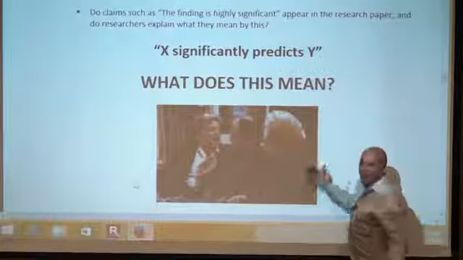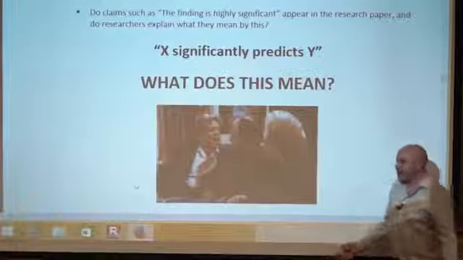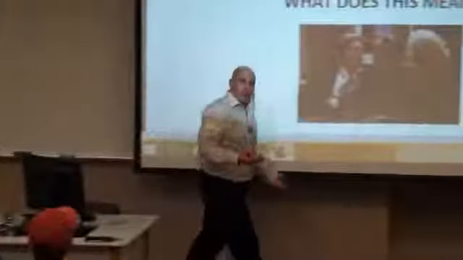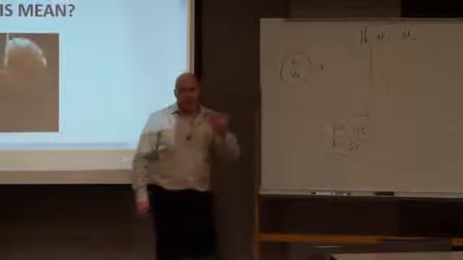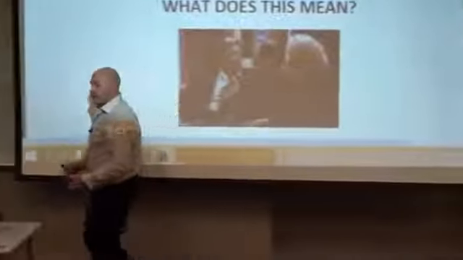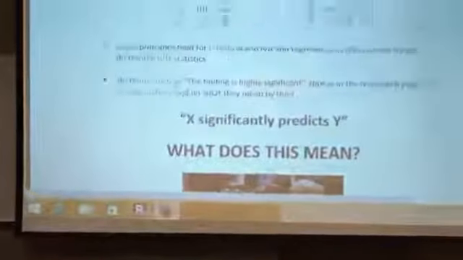X significantly predicts Y. Well, what does that mean? X significantly predicts Y. That's the first question. Does it mean you got p is less than 0.05? If that's what it means, then we know not to get too excited by that statement. Because if I look back at my t-test again, I see that I've got a difference in means.